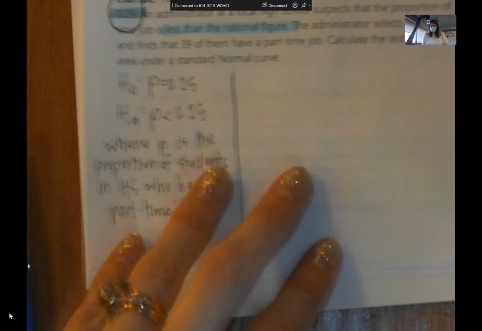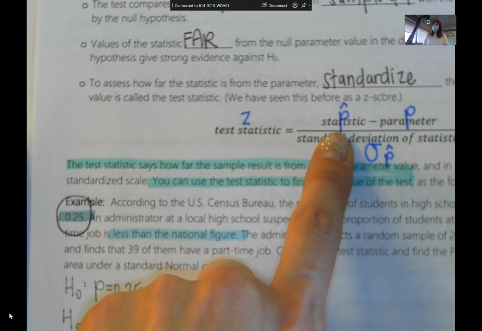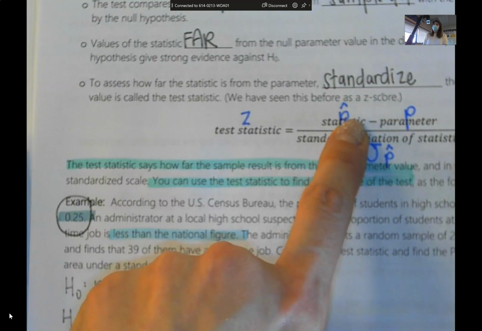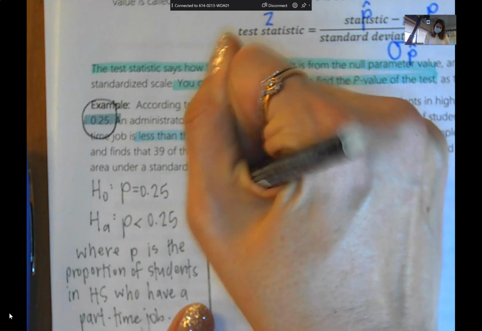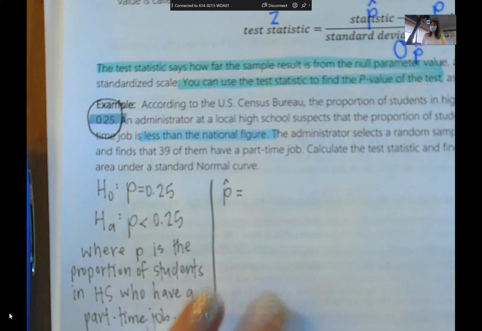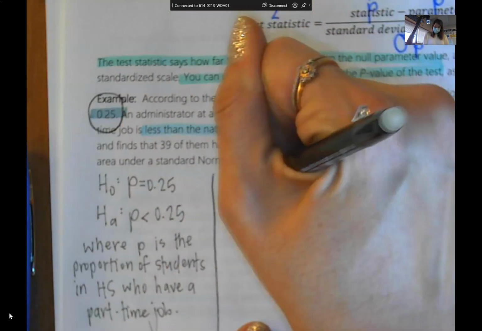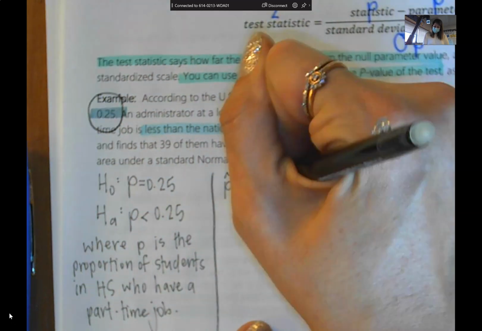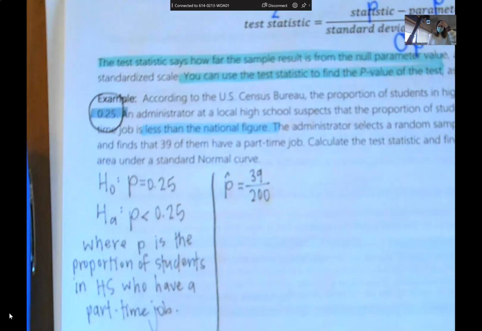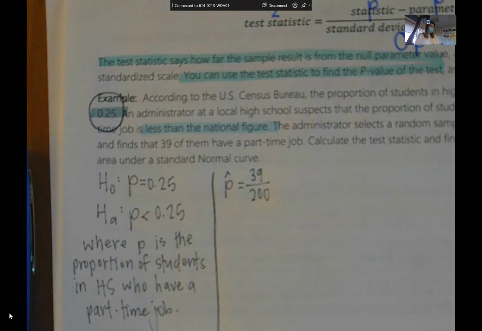So if I have to use this formula to find my test statistic, I need to know what p hat is. So p hat is equal to 39 out of 200. She sampled 200 students and 39 of them had a part-time job.